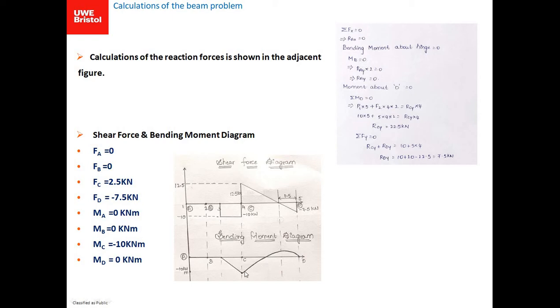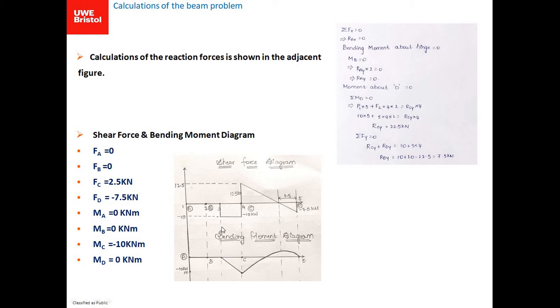Here, as we know that a point loaded force is acting, it should be a linear one, and it should be represented like declining. Why? Because the force is acting in the downward direction on this particular beam.